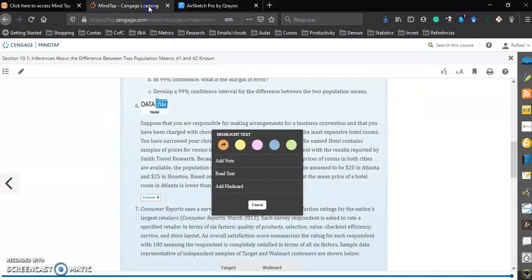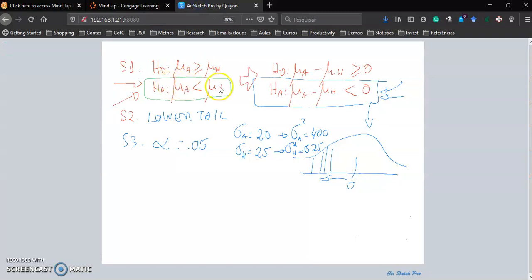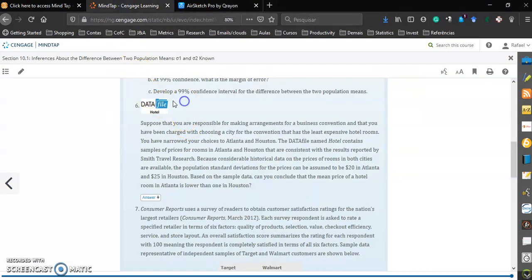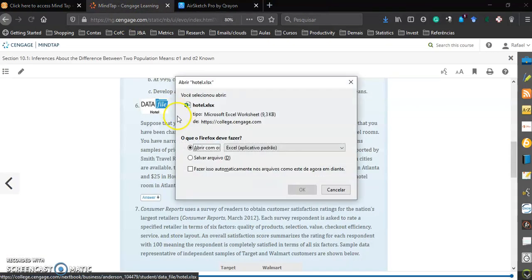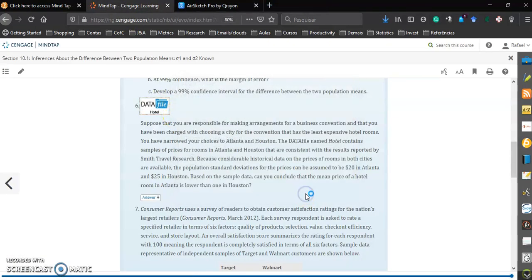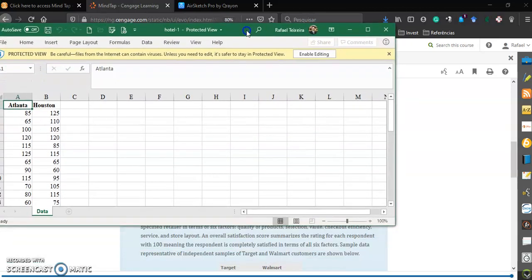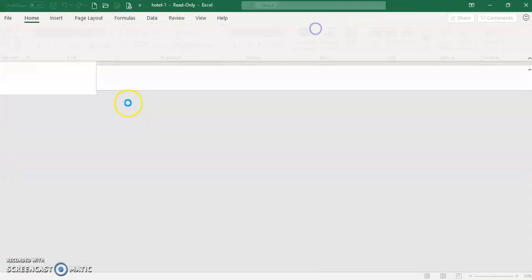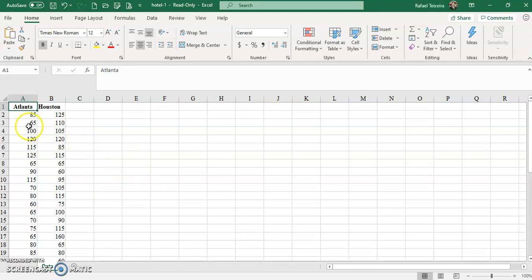Okay, so this is the information I need. Now I know the hypothesis, I know that it's a lower tail test, I have all this information. All I have to do is download the file and open it. Okay, so this is the data, Atlanta and Houston.